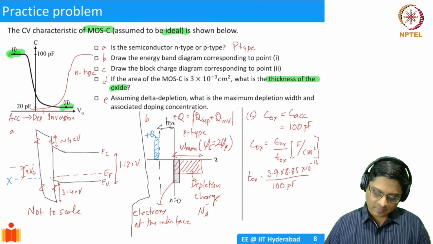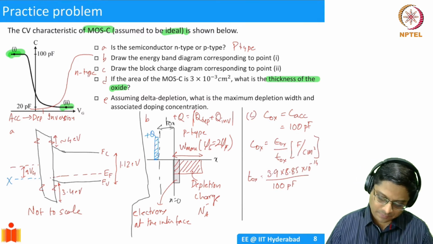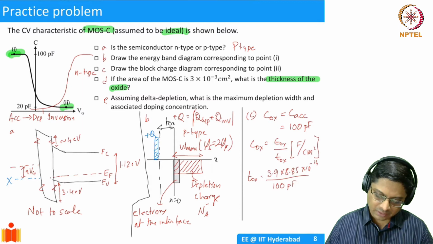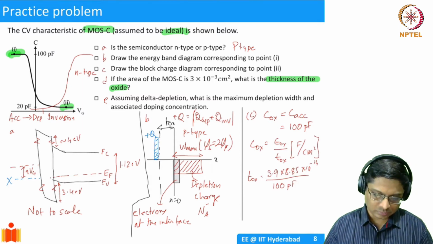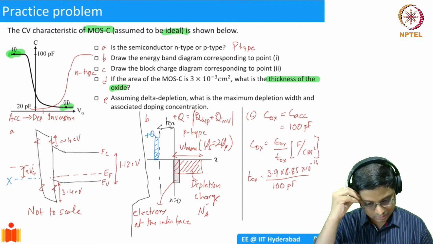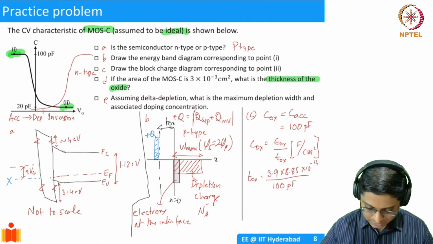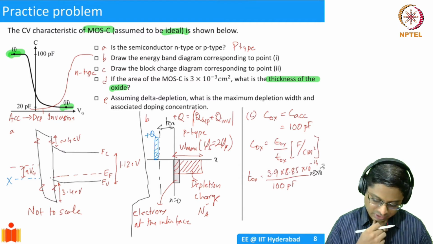Okay. But this is per unit area, right? We have to multiply the numerator by area, which is 3 times 10 power minus 3. Area has to be multiplied, otherwise it won't work.